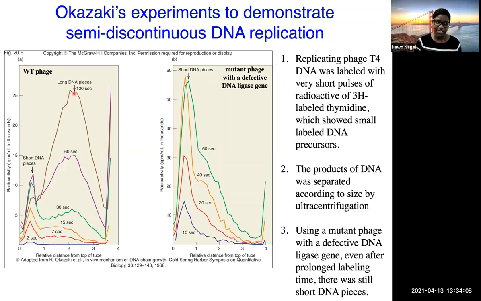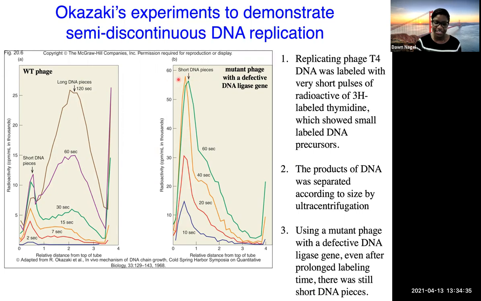So what they suggested is that these short pieces that they started with are somehow getting longer. And the way they're getting longer is because they're being stitched together, okay? And you have a longer fragment. However, in this example, after 10 seconds here, you have short pieces of DNA, tons of radioactivity.